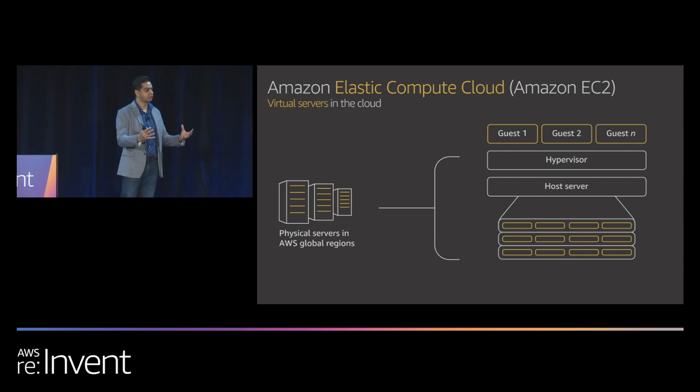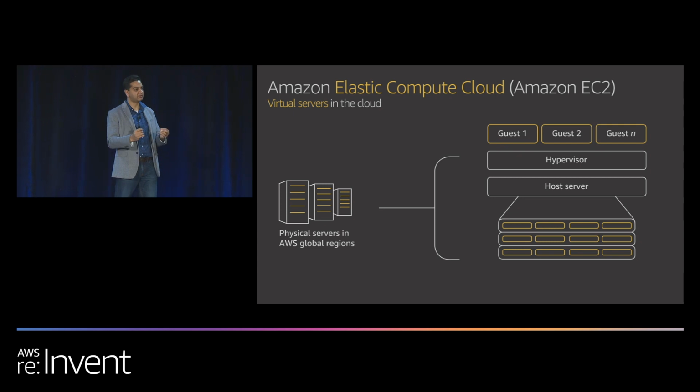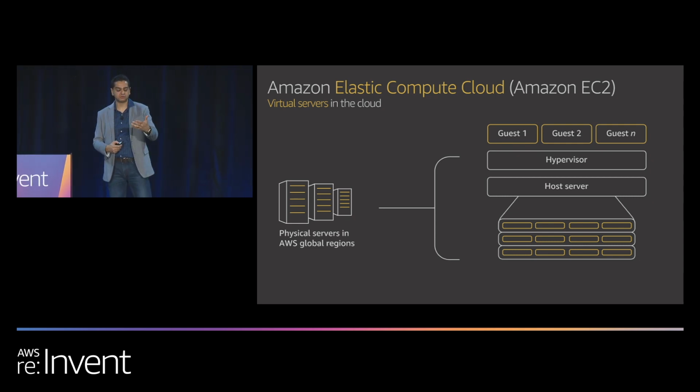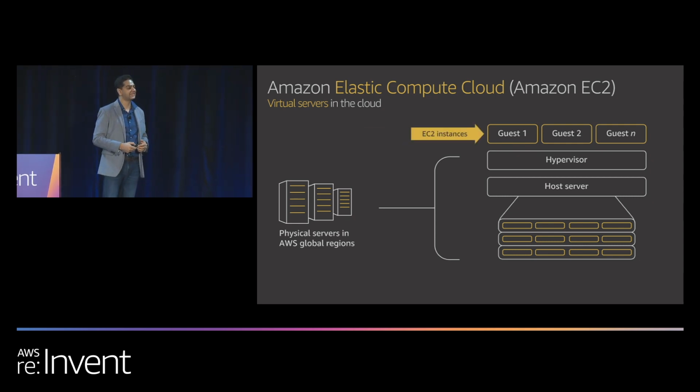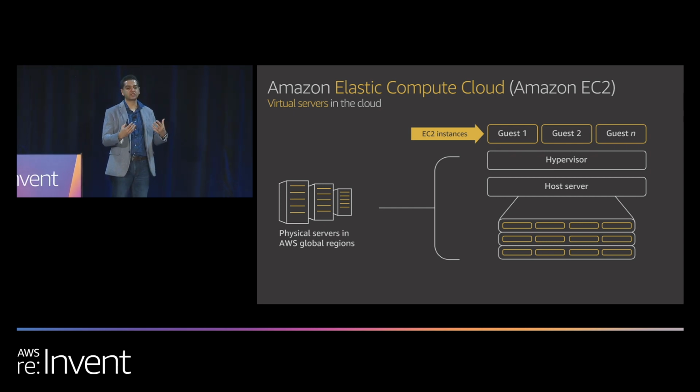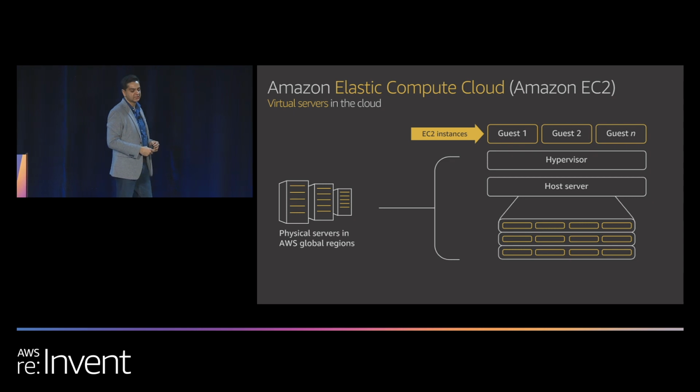So a host server contains these core resources, and then we use a hypervisor to provision and slice up these resources and provide them to you as virtual machines, which we call instances. So when you launch an EC2 instance, you're running on a virtualized portion of a server that is deployed in an AWS region and is available in an availability zone.